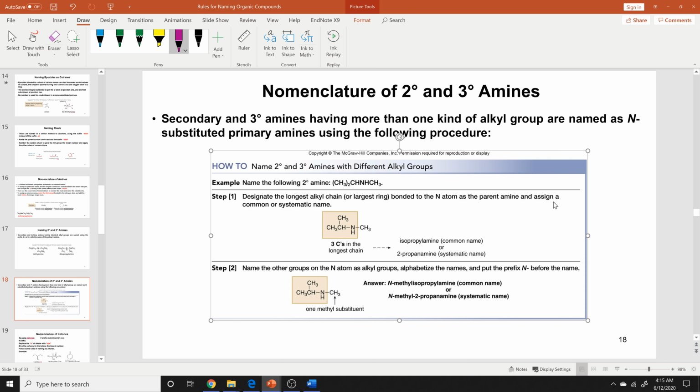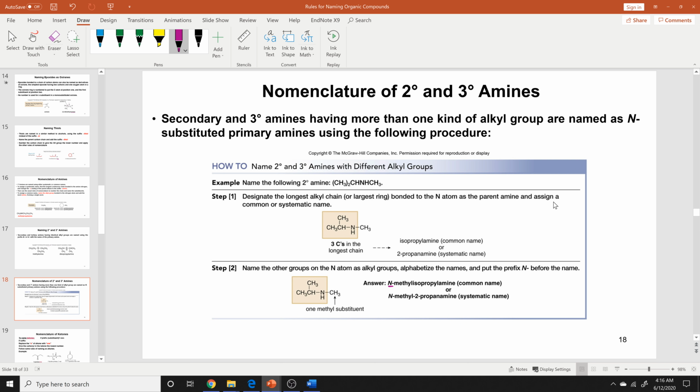In this case you have to name the R groups and basically arrange them in alphabetical order and indicate what type of amine you are working with, primary, secondary, or tertiary, by using the letter N. So you have to indicate where the R group is on N. Let's have an example over here.